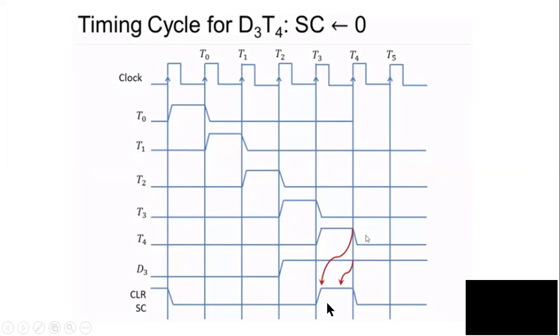D3 should also be 1. So say for example D3 is also 1 now. That means both are 1, and at that time we need to send the clear signal to the sequence counter. So the clear signal, which was initially 0, will become 1 when D3 and T4 are both at their peak. So the clear signal would be 1 and the sequence counter will be made 0. This is how the control unit works.